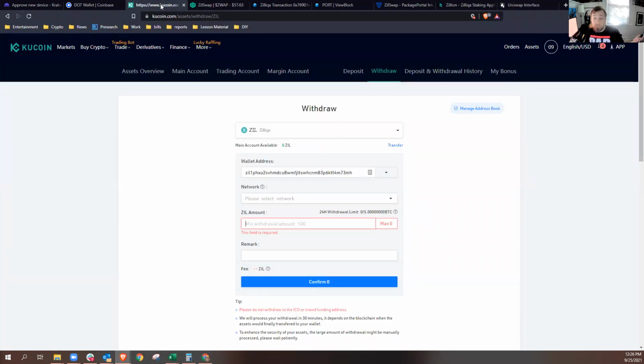Zilliqa is a competitor. You can do pretty much most of the things you can do on Ethereum on Zilliqa, with the exception of the decentralized applications, which they have on Ethereum. Ethereum's got all the fun games. They've got little Pokemon type monsters, the Avagachi monsters.